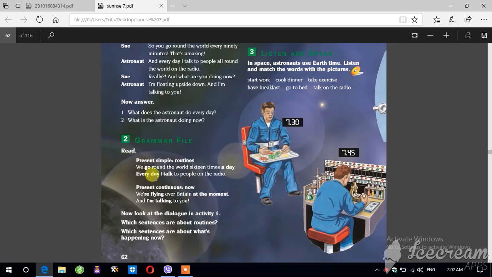These two tenses, present simple and present continuous, you can differentiate between them by the structures. Present simple, subject, verb base, complement. And the time is every day or a day.